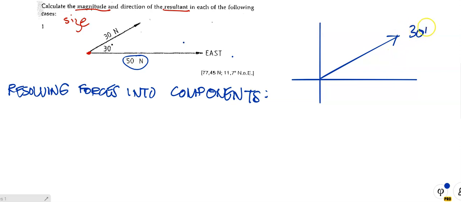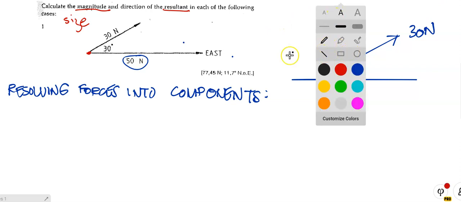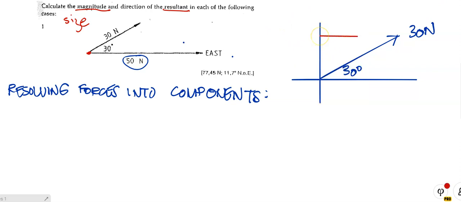And there's my angle, 30 degrees. Now I'm going to complete the rectangle.